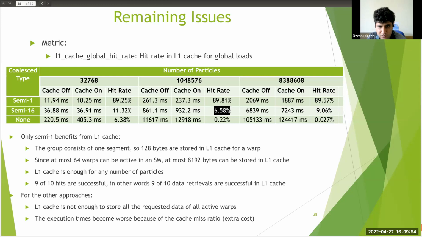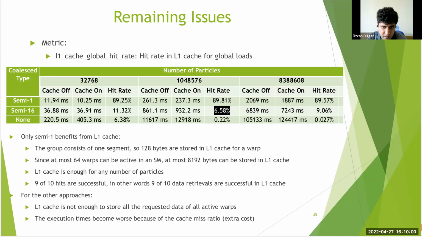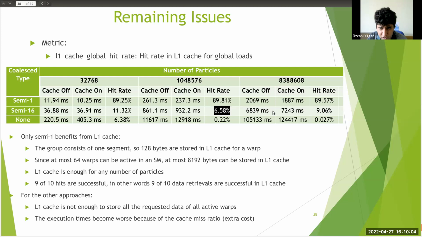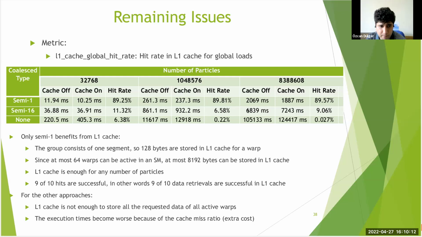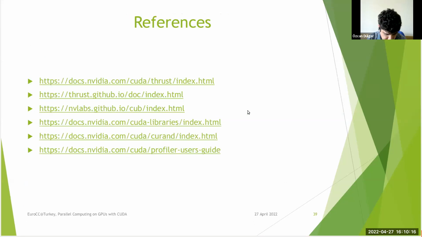Since the hit rate is very small, the cost of the cache misses is very high. Because of that, the execution times become worse for the other approaches. Okay, and these are the references of this session.